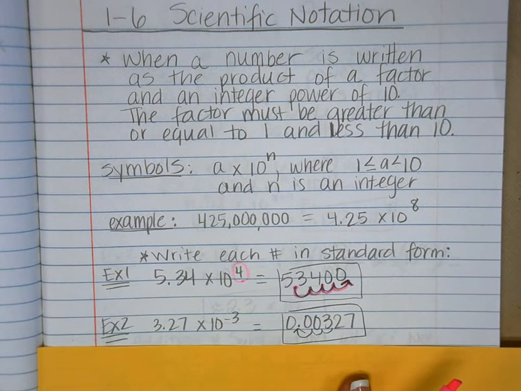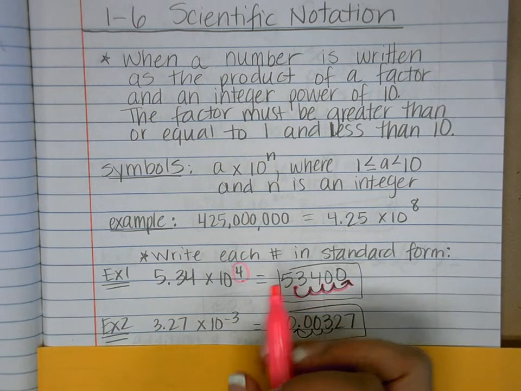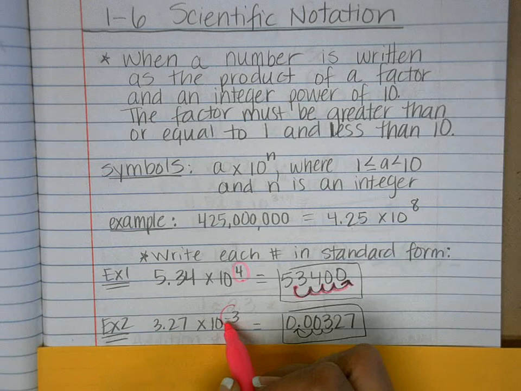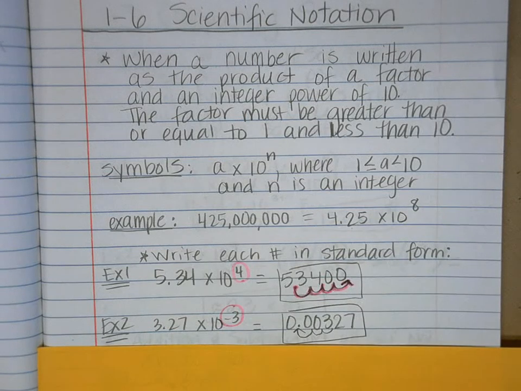Example 2, now I have a negative exponent. So 3.27 times 10 to the negative 3 equals 0.00327. So I go to the place where the original decimal point was, which is between 3 and 2. And now I'm going to go to the left 3 places.